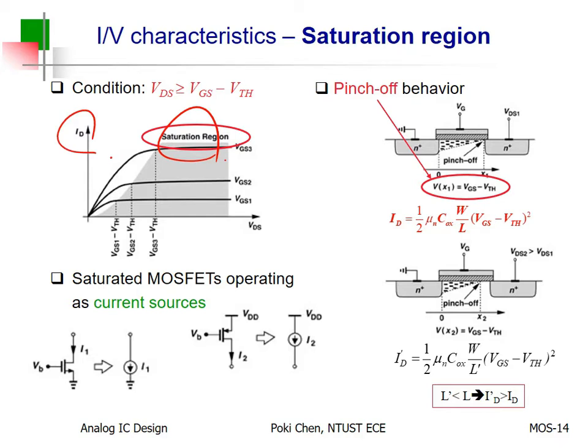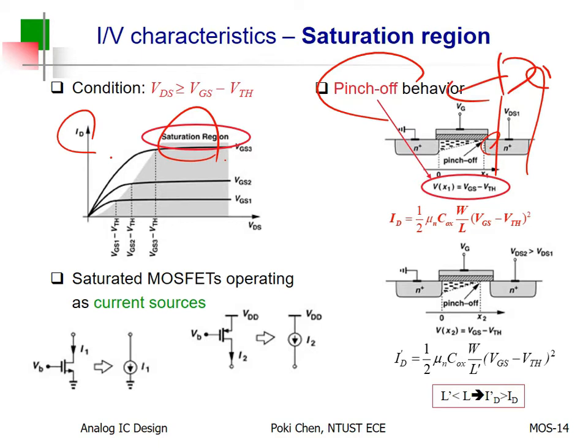However, if you are curious, hey, if I increase the drain voltage even after pinch off, what will be the consequence? The pinch off point will be moved from drain back to source. Got it? That's it. But what is the impact?